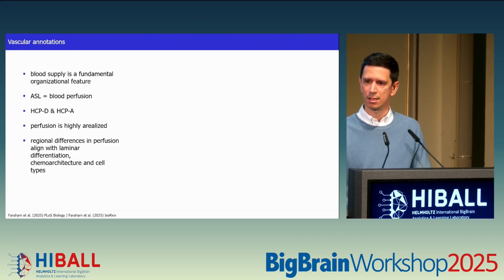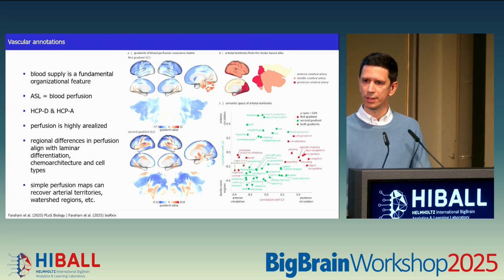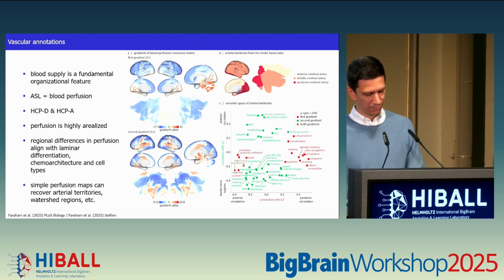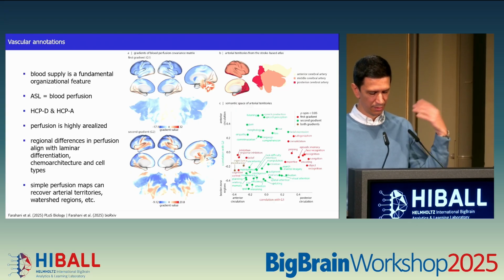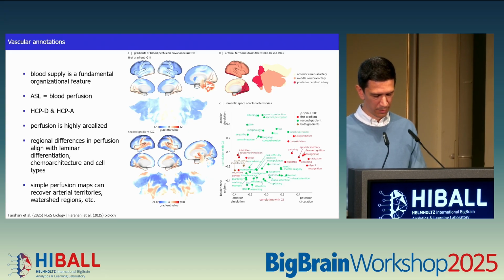The last thing that I want to show you here is you can also take this perfusion data and you can compute gradients from it. And if you do that, you can really nicely recover all the different arterial territories that normally you'd have to go into a stroke data set to find. So they come out in a completely data-driven way for free. You can also identify border zones, as we show in the paper.